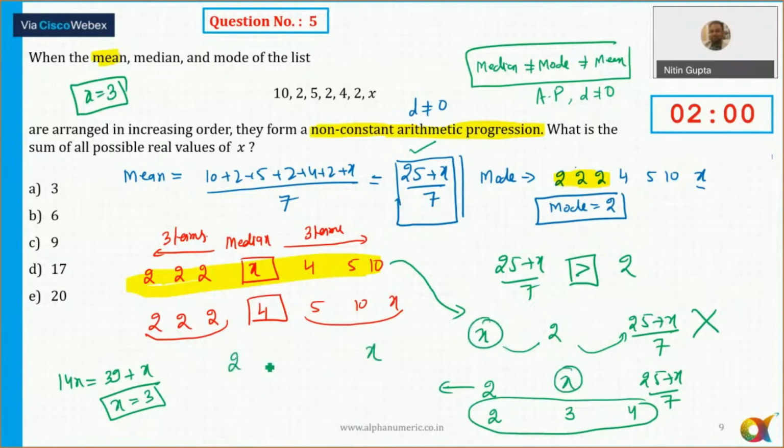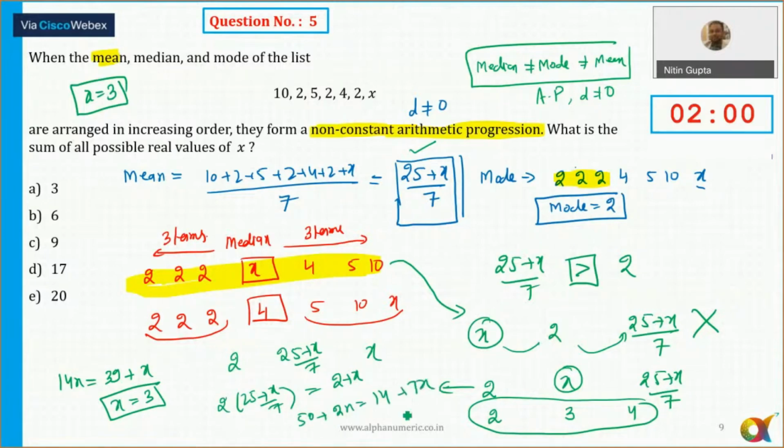Here I'll get 2, 25 plus x by 7, and x. If they are forming a series of AP, twice the middle term is equal to 25 plus x by 7 plus x.